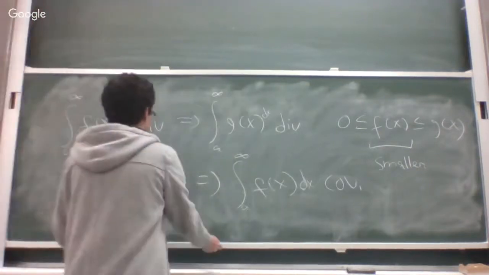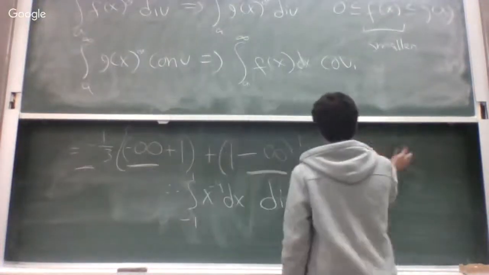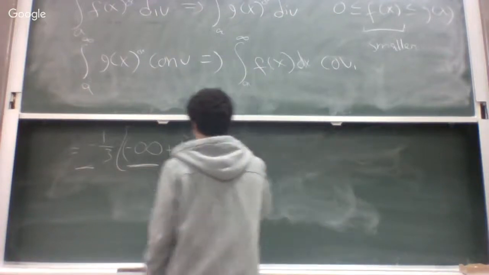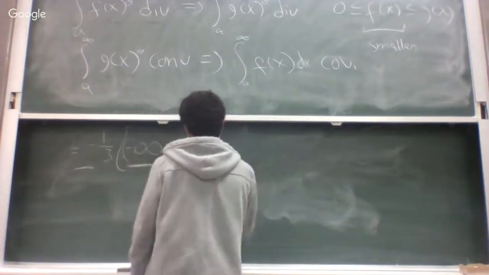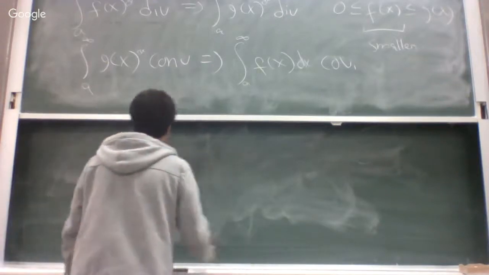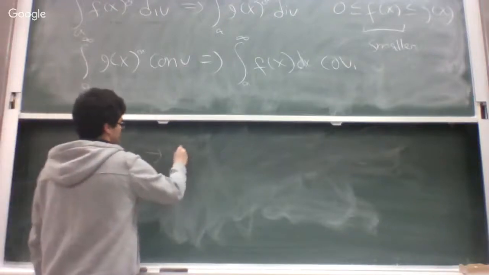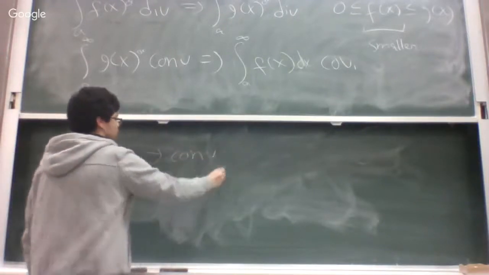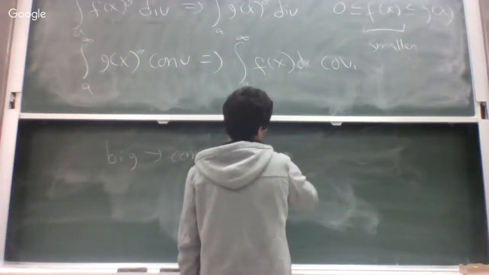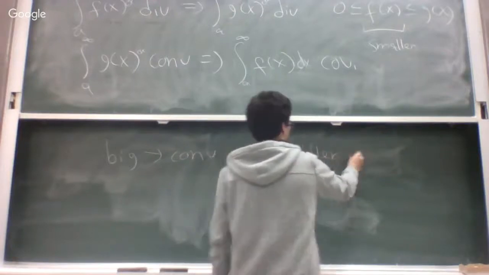So let me write that down. If the bigger converges, therefore the smaller converges.